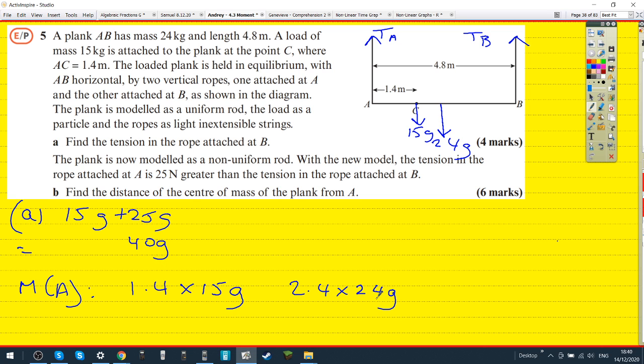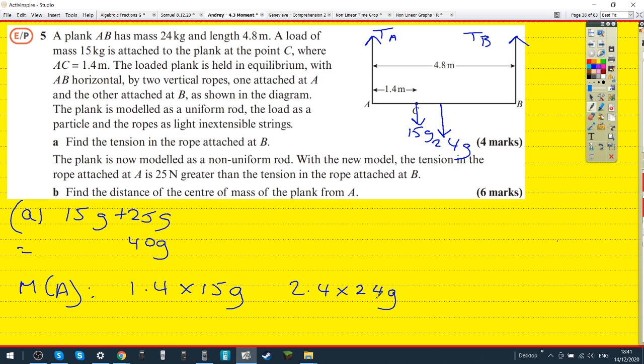Is that it for the moment? There's one more force. Is there an upwards one? So is that going to be the 40G one? How do you get 40G? From 15 plus 25?